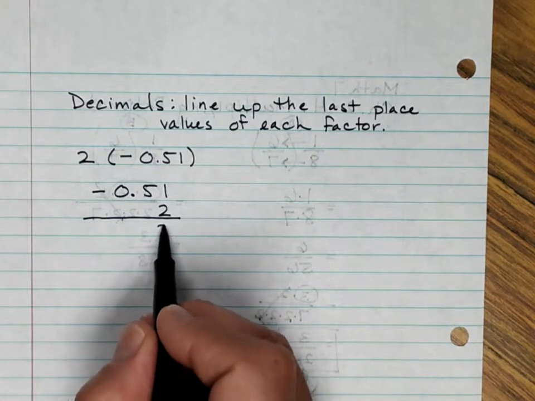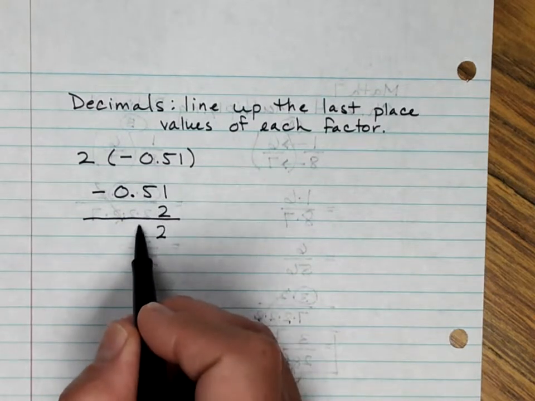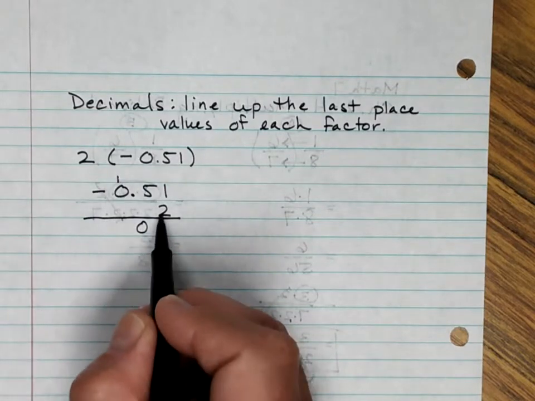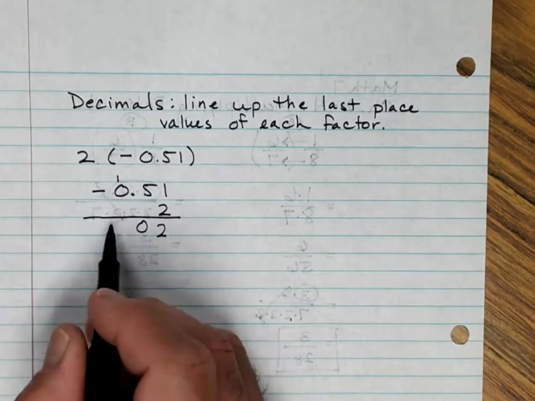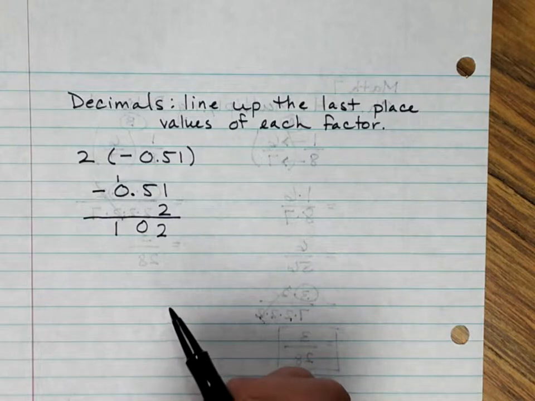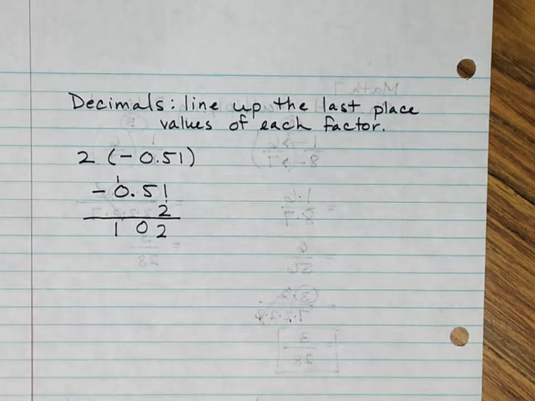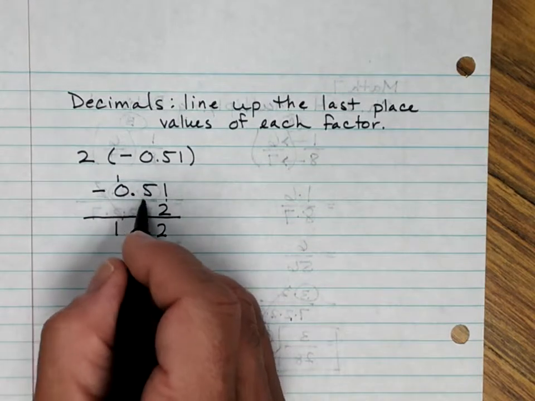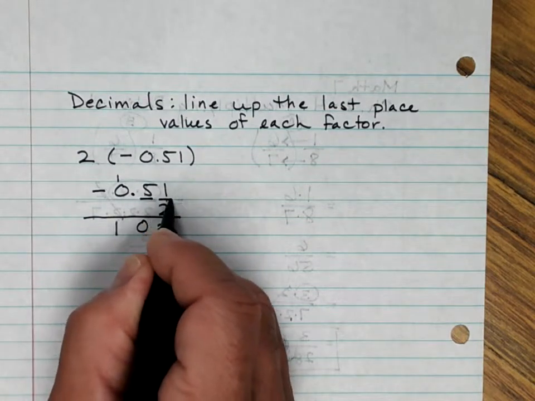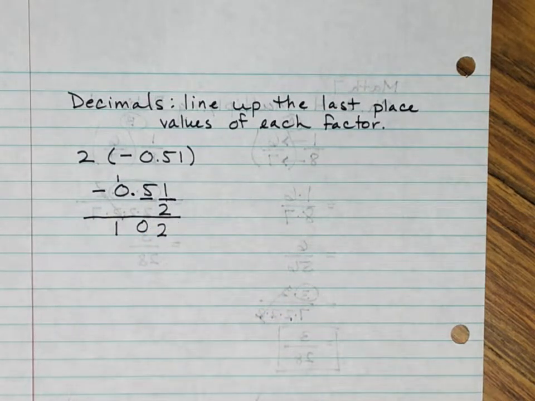1 times 2 is 2. 5 times 2 is 10. Carry that 1. 2 times 0 is 0, plus 1 is 1. Now as far as the decimal in the factors and the decimal in the product goes, we look at each factor and find out how many place values are located to the right of the decimal.